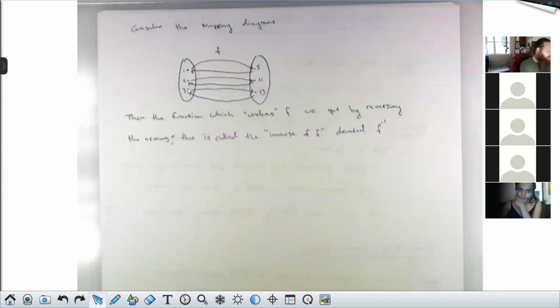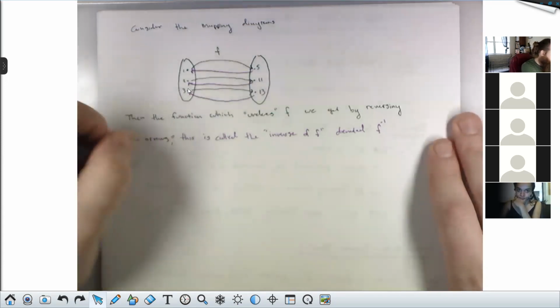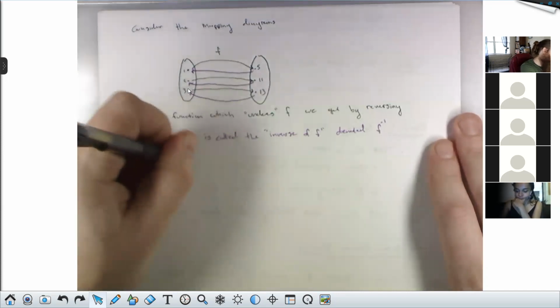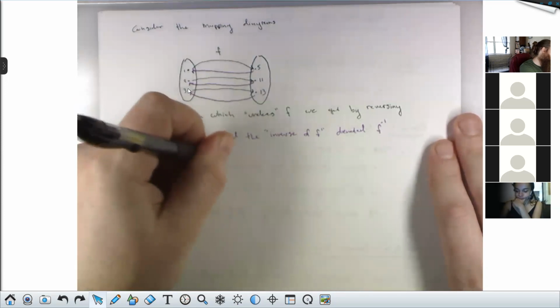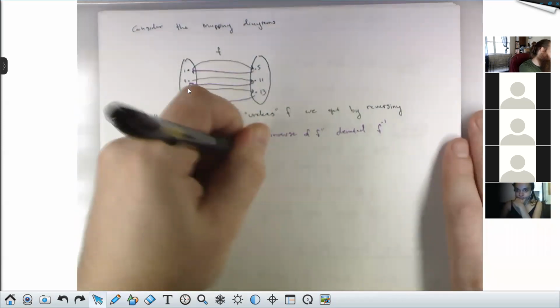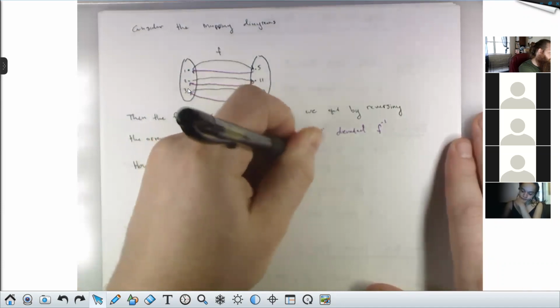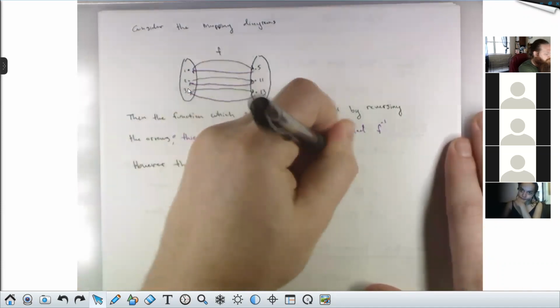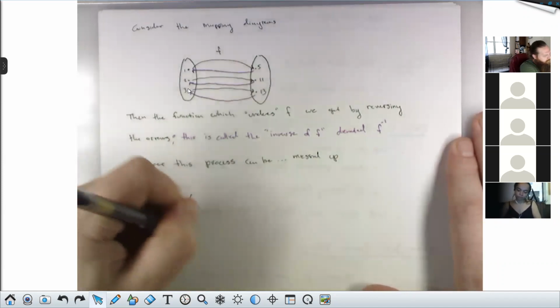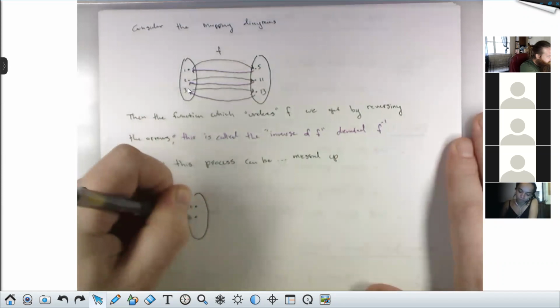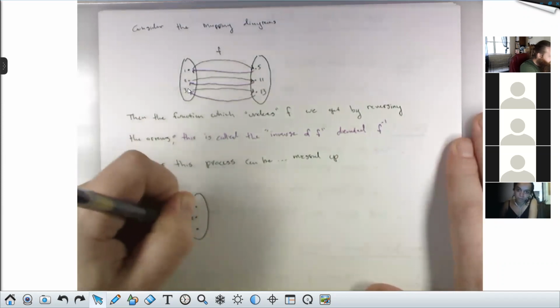Here's another mapping diagram. This process, I'll say, however, can be complicated, can be messed up. So here again, I'll just think of my domain as being the 3-element set 1, 2, 3.